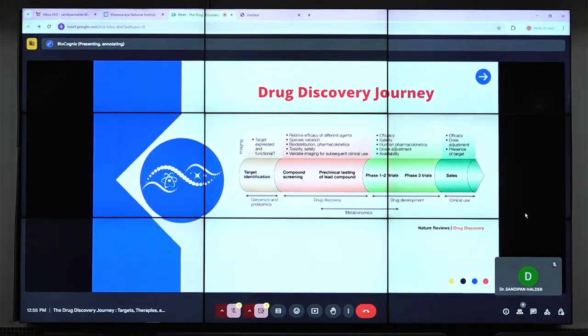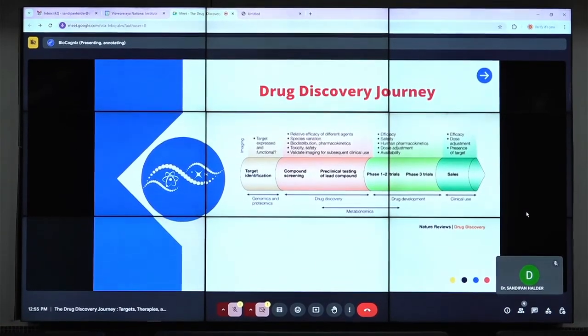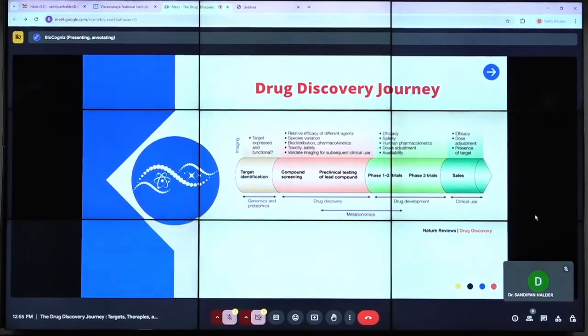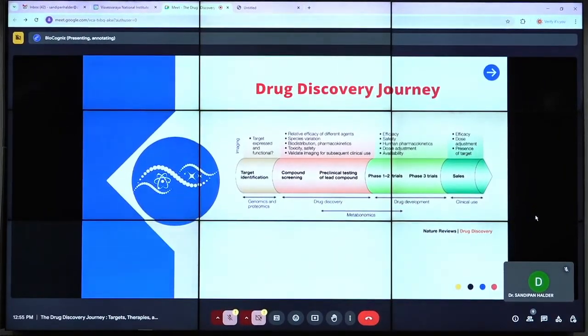When there is a host-pathogen interaction, sometimes we work on the interface also, as in some vector-borne diseases. So it varies, but usually the target means a biological target. We generally mean a protein, but not always. Sometimes we target DNA and other macromolecules also.